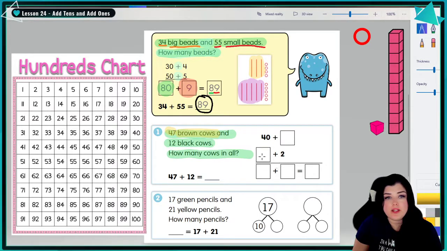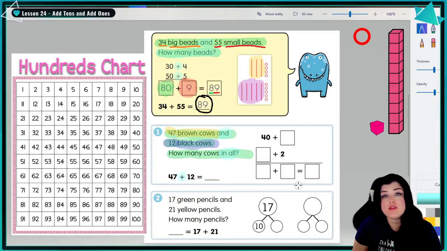The next part is 12, which is the number, black cows is the object, and they use the words and in all. So two words that give us a hint that we're going to be bringing our two parts together to find the whole. We're going to be using addition, Gus the Plus, to find out how many cows.